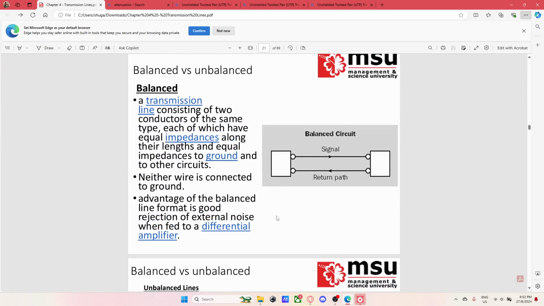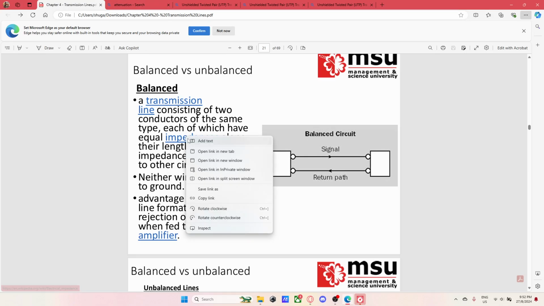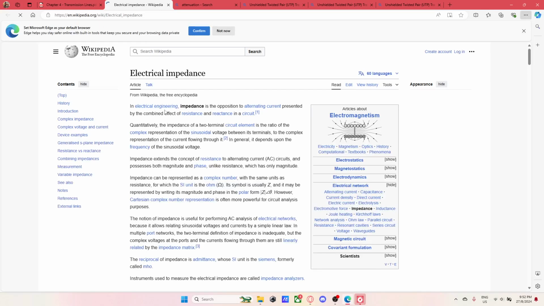Okay, what is the difference between balanced and unbalanced? With balanced, a transmission line consists of two conductors of the same type, each of which has equal impedance along its length and equal impedance to the ground and to other circuits. Okay, so what is impedance? Impedance is the opposition to alternating current presented by the combined effect of resistance and reactance in a circuit.